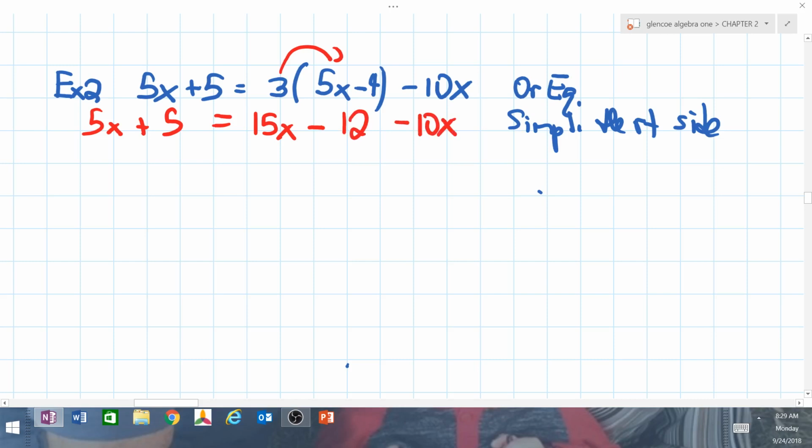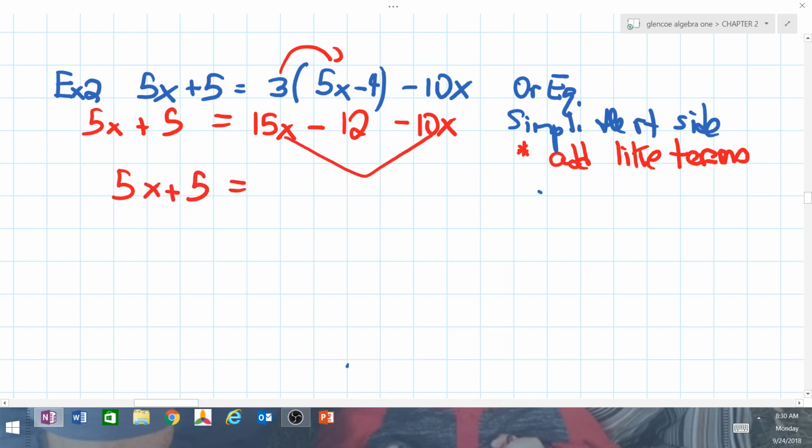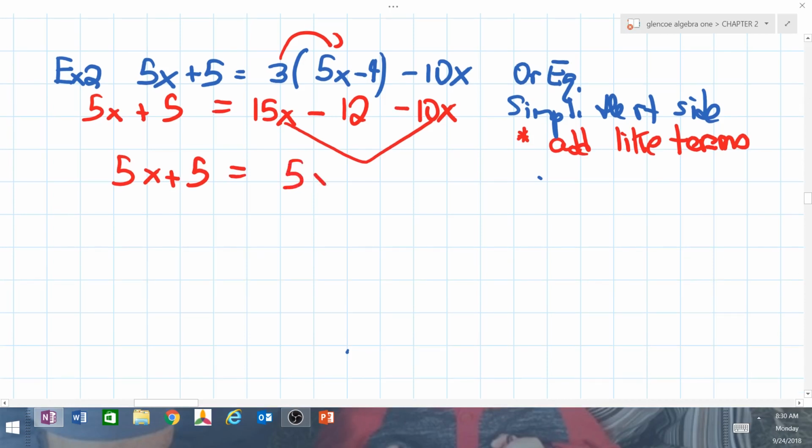So we want to simplify the right side, and we want to add like terms. Does anyone see any like terms on the right side? Yes, 15x minus 10x. So what we have here is 5x plus 5 equals, what's 15x minus 10x, guys? Equals 5x minus 12. Are you with me?